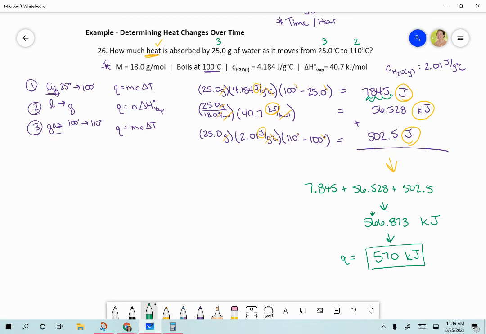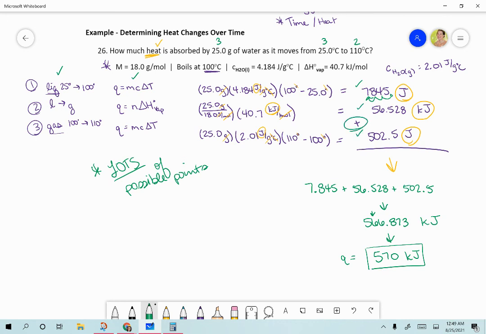Now, these are worth a lot of points. So, you can get points for telling me what's happening. You can get points for identifying which equation that you would need to use at each section. You get points for finding each of these separate answers.